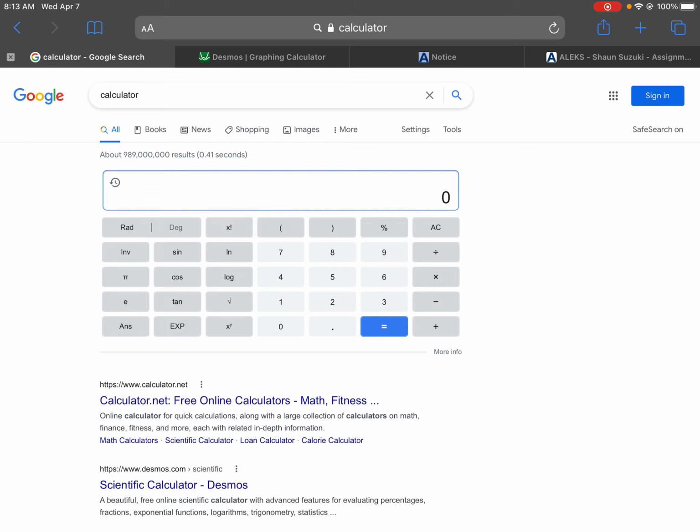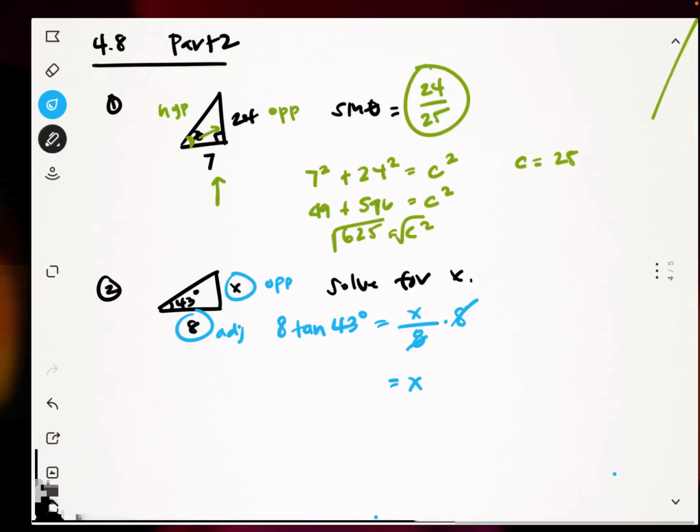If you're using the Google calculator, make sure your degrees is highlighted, and then we're going to just say 8 tangent 43. We're going to hit equal, and we get 7.46. So 7.46.